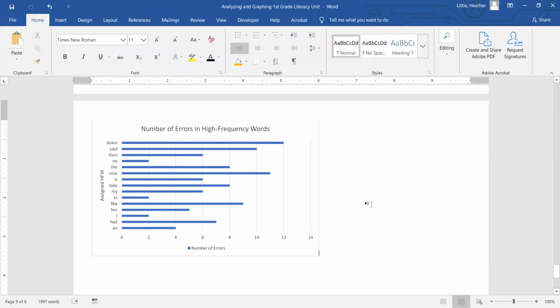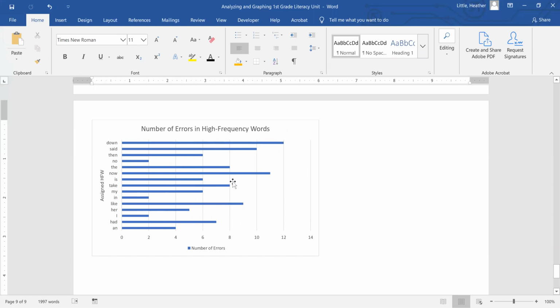Okay. All right, so from this, in terms of application, I can very clearly see that down, now, said, the, like.